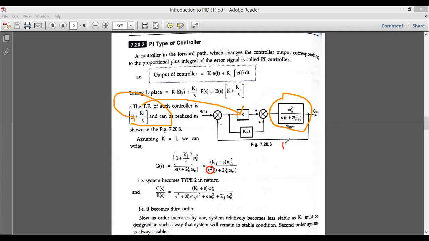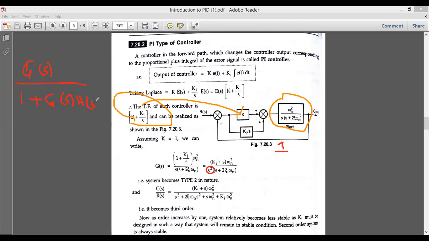So the formula for the transfer function is G of s divided by 1 plus G of s multiplied by H of s.